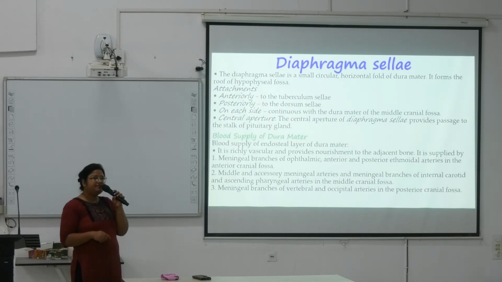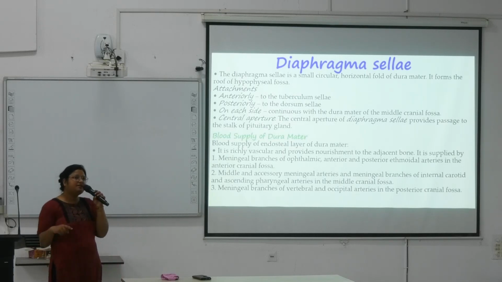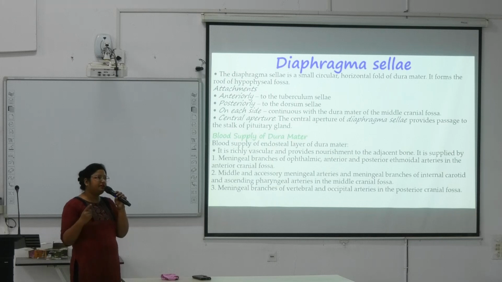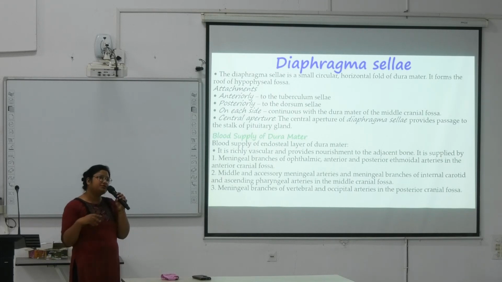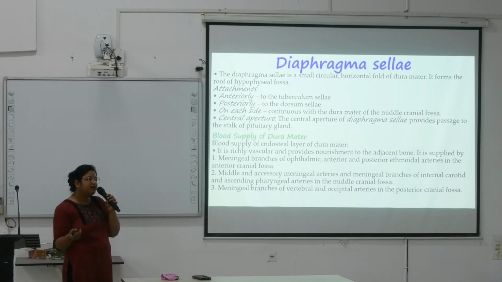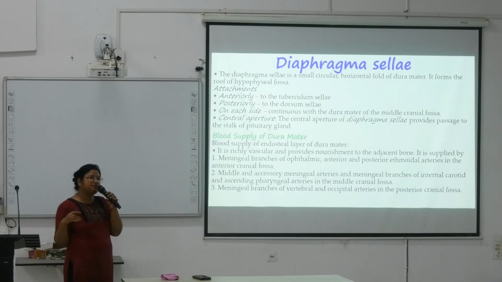Next is diaphragma sellae. These are the last four we have discussed. We have to discuss falx cerebri, falx cerebelli, tentorium cerebelli, and diaphragma sellae. It comes as a short code, dural folds. We have to discuss shortly all these four folds.